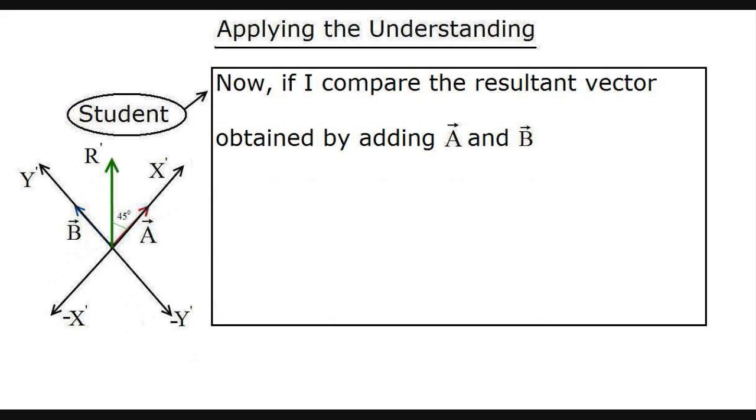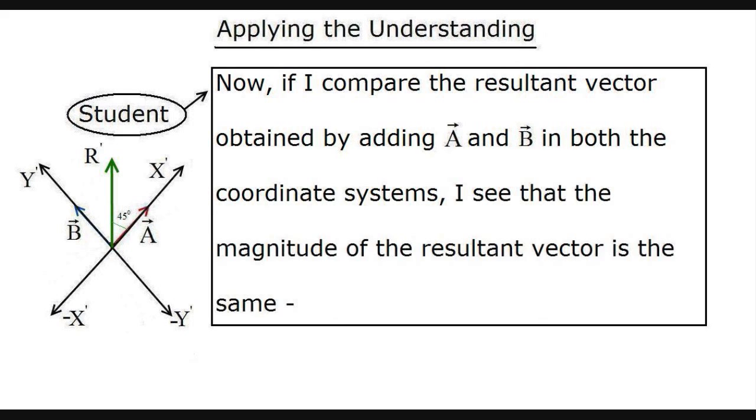Now, if I compare the resultant vector obtained by adding a bar and b bar in both the coordinate systems, I see that the magnitude of the resultant vector is the same, which is equal to 3 root 2.